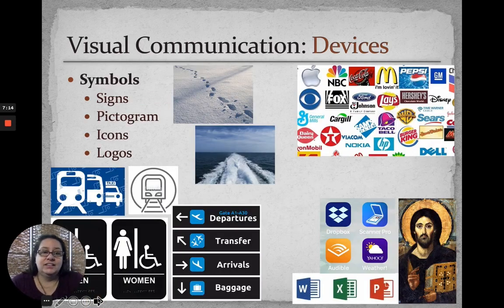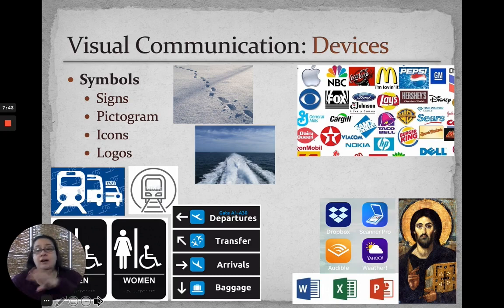All right, symbols. Now, this is a fun topic. Symbols have multiple subcategories, which we're going to go into: signs, pictograms, icons, and logos. Signs. When I say signs, I'm not talking about stop signs and signs like that. In the world of symbols, signs refer to evidence of an object without showing the object.